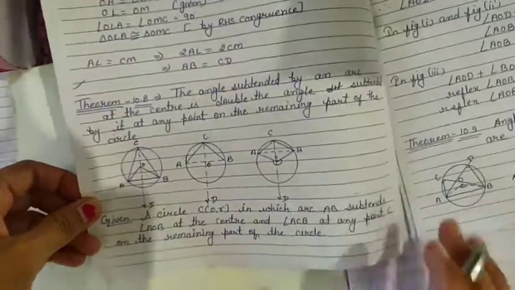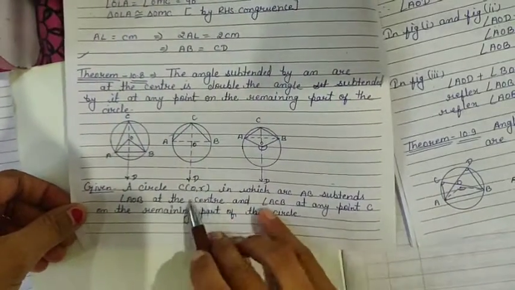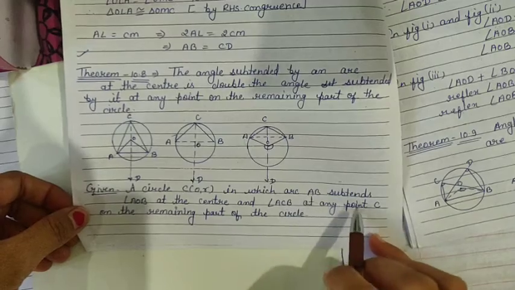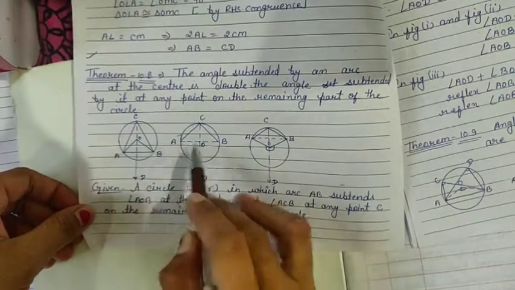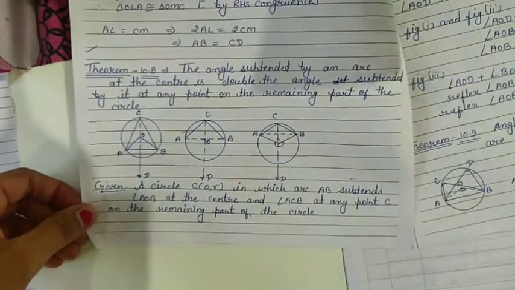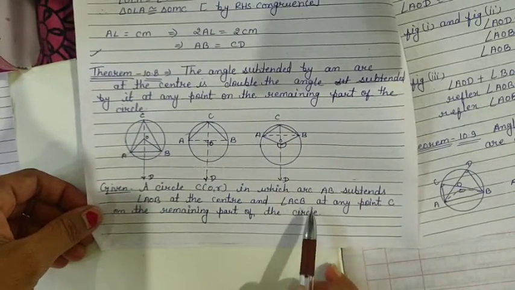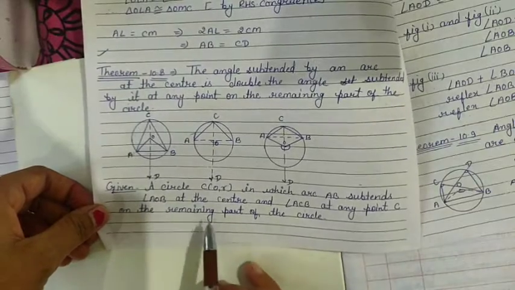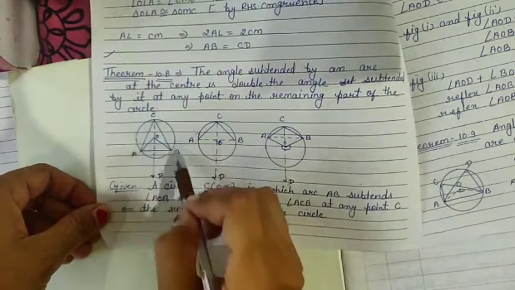Okay students. So given a circle with center O in which arc AB subtends angle AOB at the center and ACB at any point C on the remaining part of the circle. This is ACB.